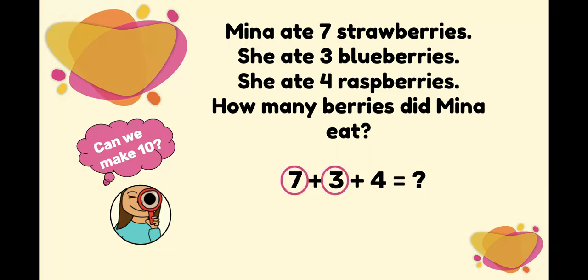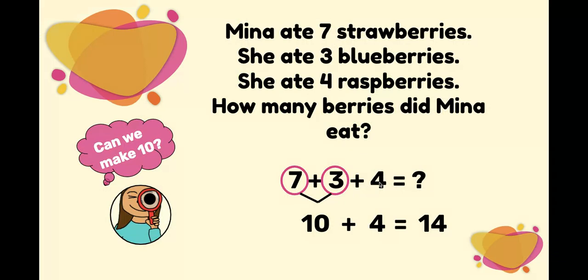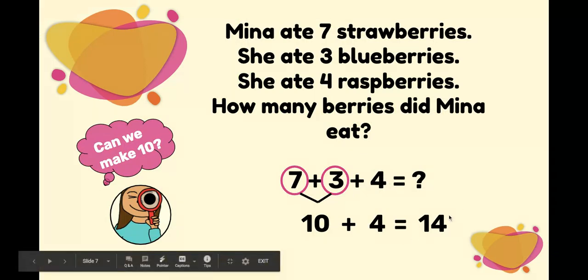That's right, 7 and 3 together make 10. So we're going to add those together, which is 10. We can't forget our 4, he's still part of that. So instead of 7 plus 3 plus 4, we're going to do 10 plus 4. We kind of just combine these two to now only give us 2 numbers to add. So 10 plus 4 is 14, which means that 7 plus 3 plus 4 also equals 14.